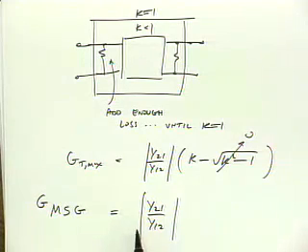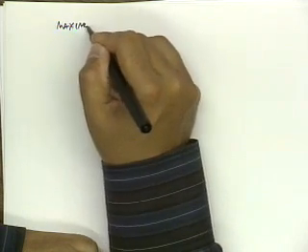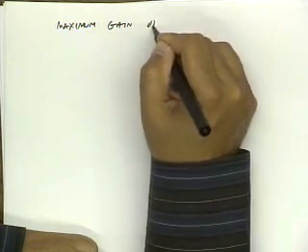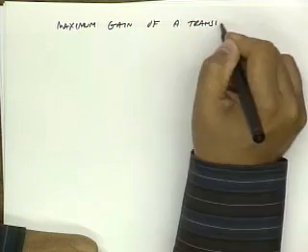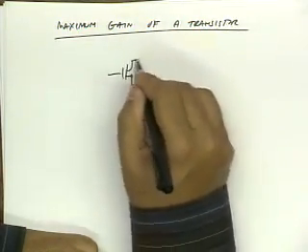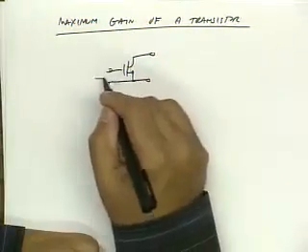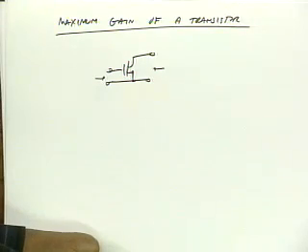And the reason I like to define this is, you know, nobody likes to work with infinity, right? What's infinity, you know? So if I look at a particular device, let me take a transistor. So what's the maximum gain of a transistor, let's say operated in common source configuration?